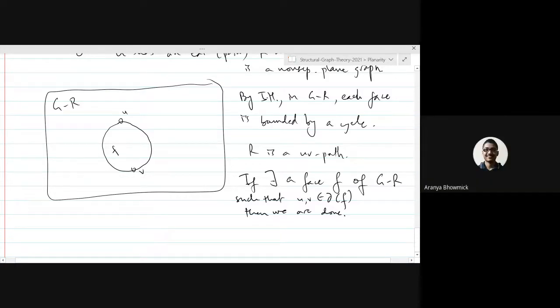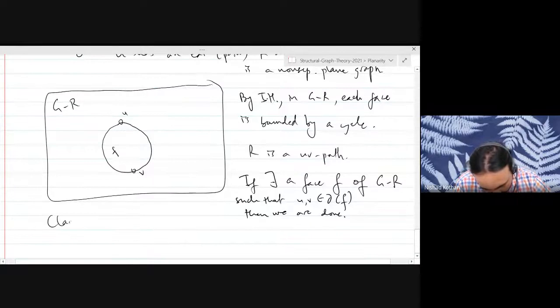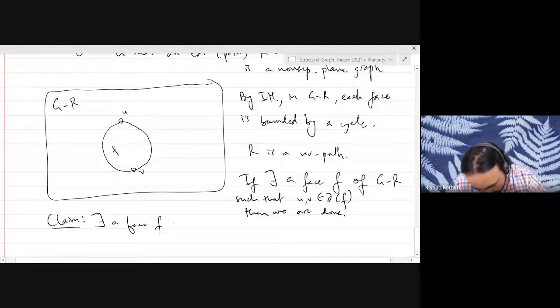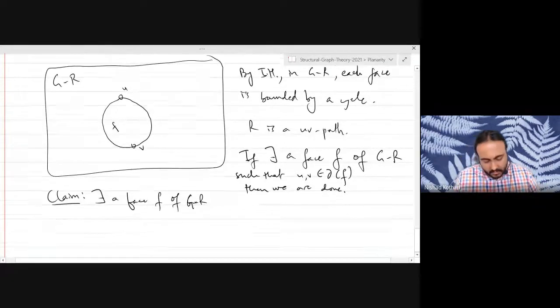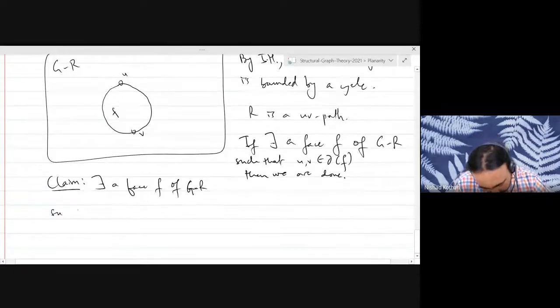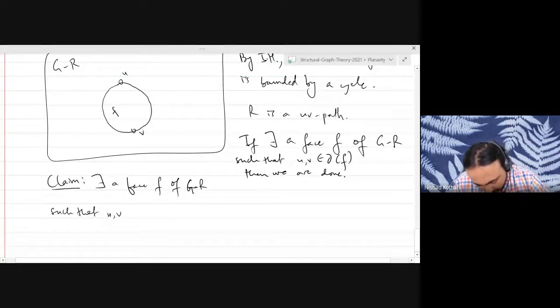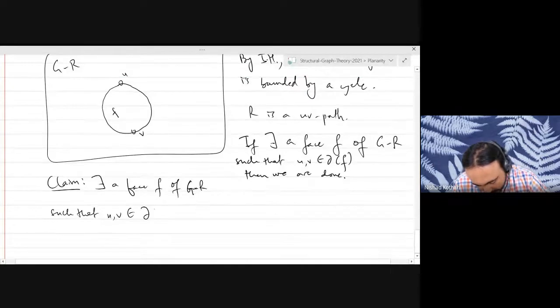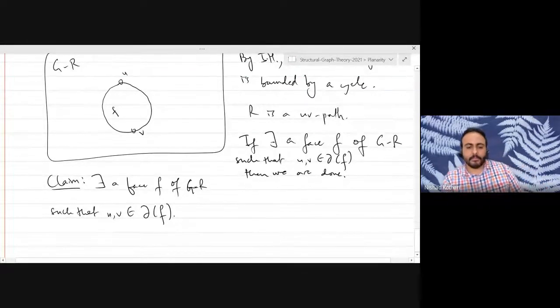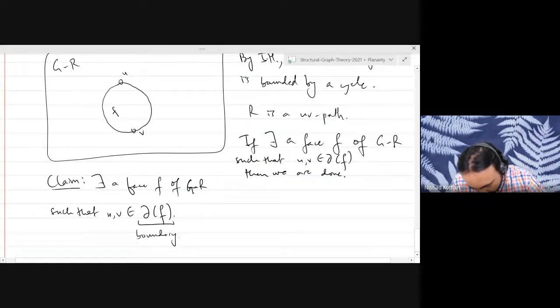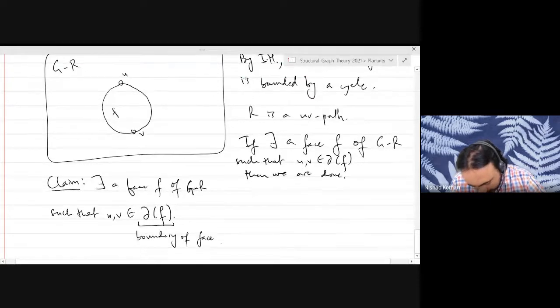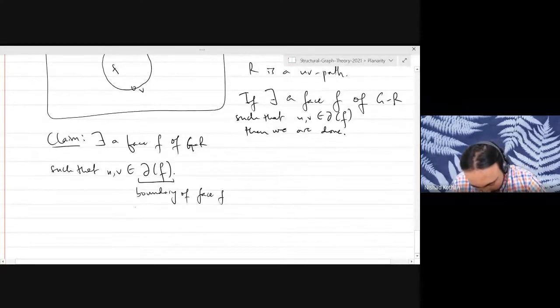Okay, so the claim is that there exists a face F of G minus R such that U and V are both on the boundary of the face F. So this is the boundary of face F, regarded as a subgraph.